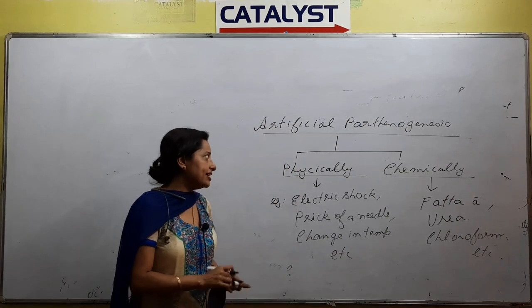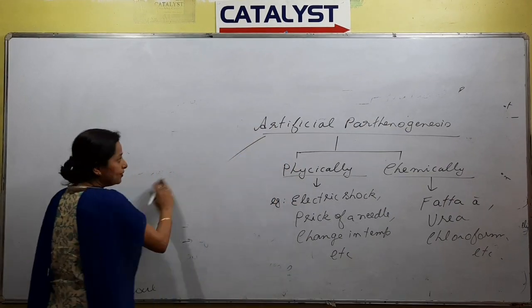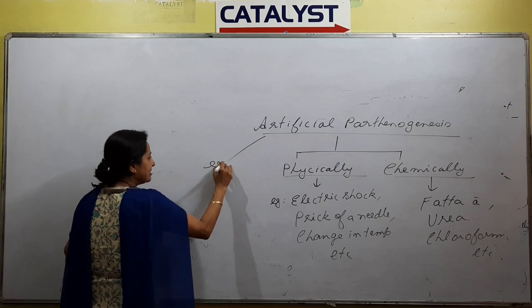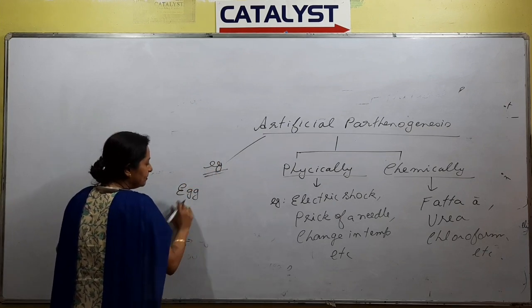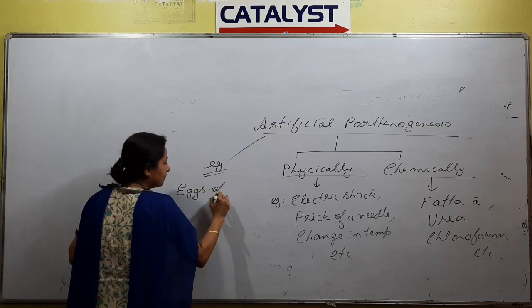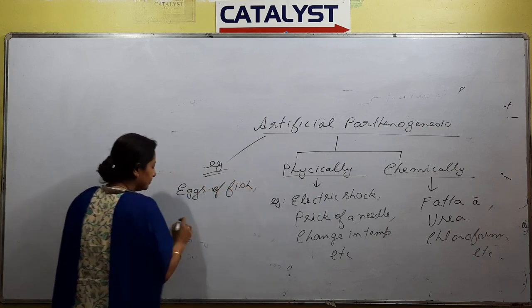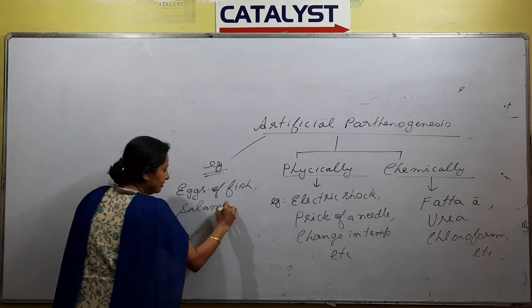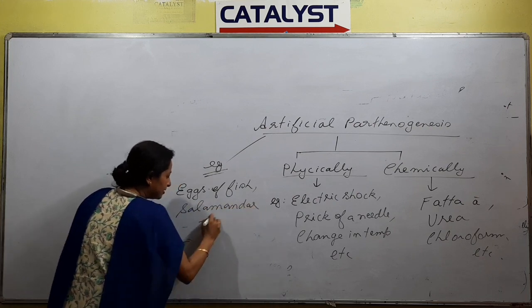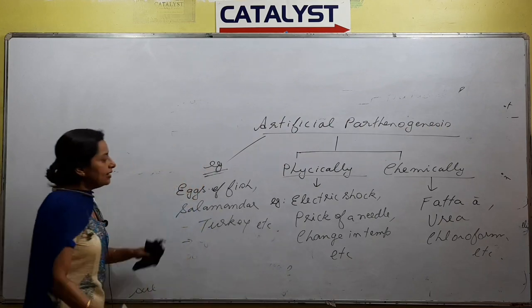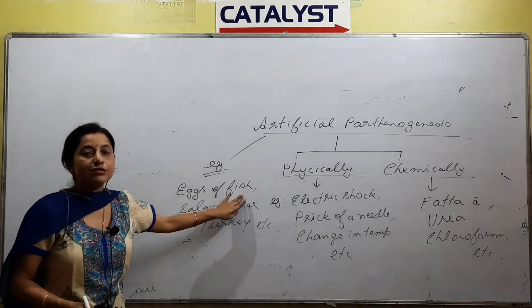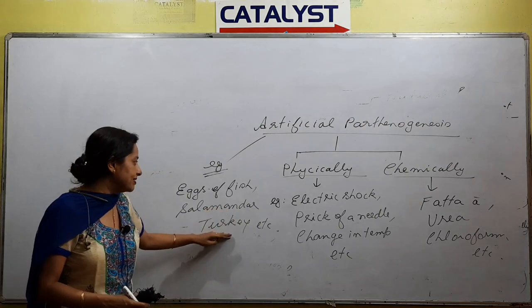Examples of man made: something that has been done by human beings, eggs of fish, salamander, turkey, etc. Fish and turkey we understand.